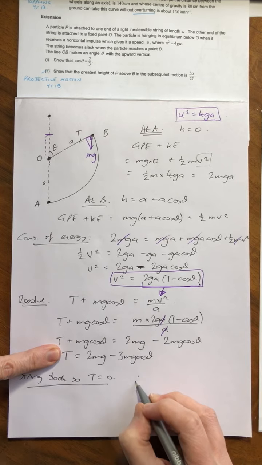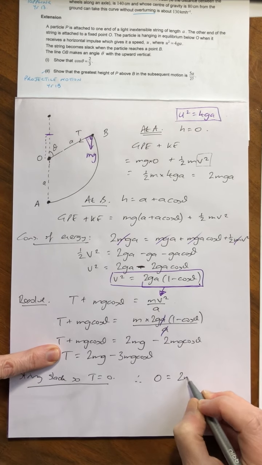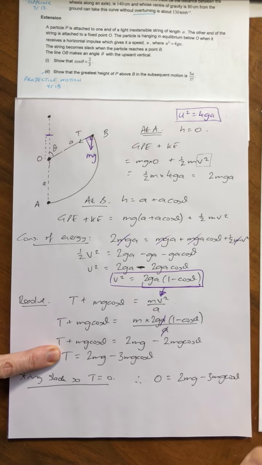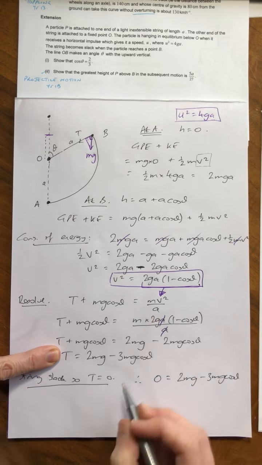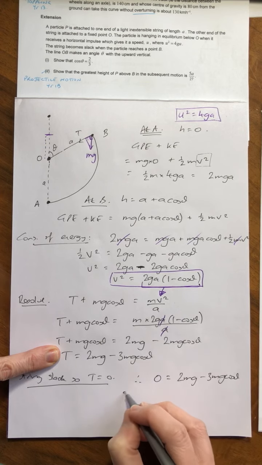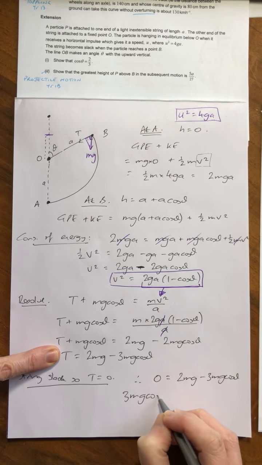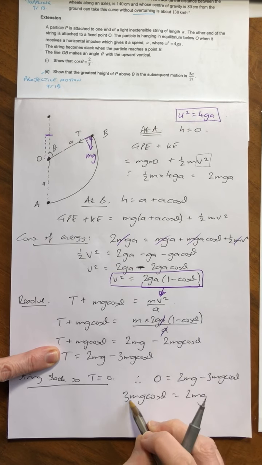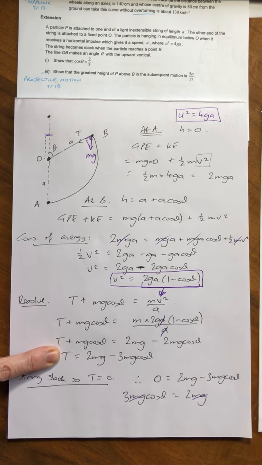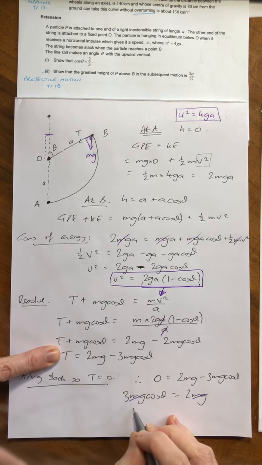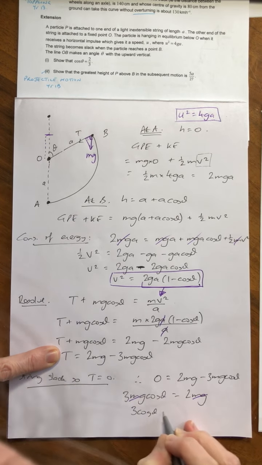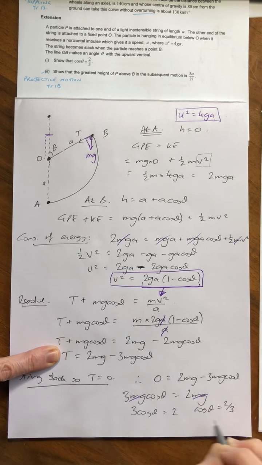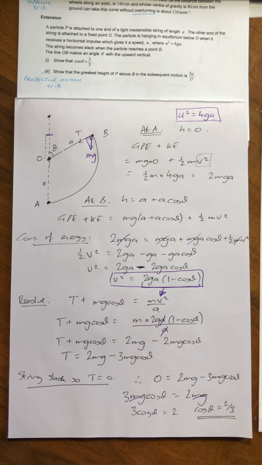So from this expression, 0 is equal to 2mg minus 3mg cos theta. We've got to show that cos theta is equal to 2/3. 3mg cos theta is equal to 2mg. mg, of course, can't be 0, so they cancel. So 3 cos theta is 2, and cos theta equals 2/3. Okay, there we go. Thank you.